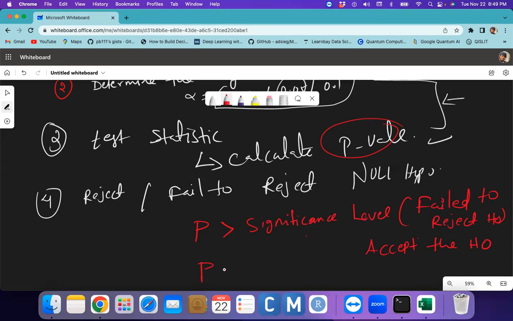If the p-value is less than the significance value, it means we reject the null hypothesis.